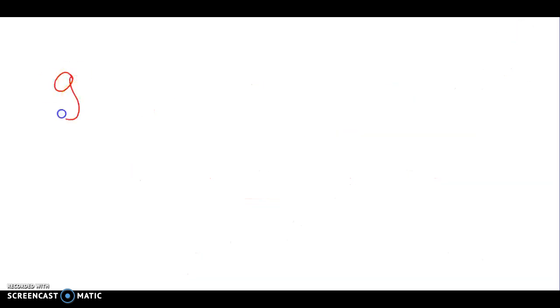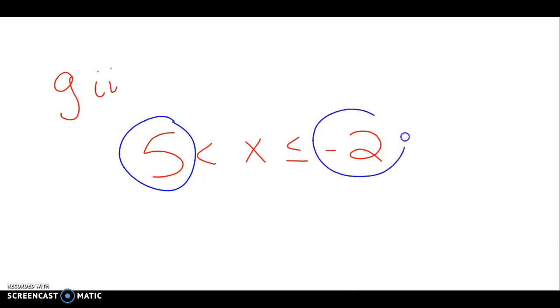But on G2, there's a big no-no that I see in that, and I instantly know that it's not a true way of writing it. What do you notice about these two numbers? Yeah, it should be number line order. You should always have the negative on the left and the positive on the right, or the largest number on the right, the smallest number on the left.